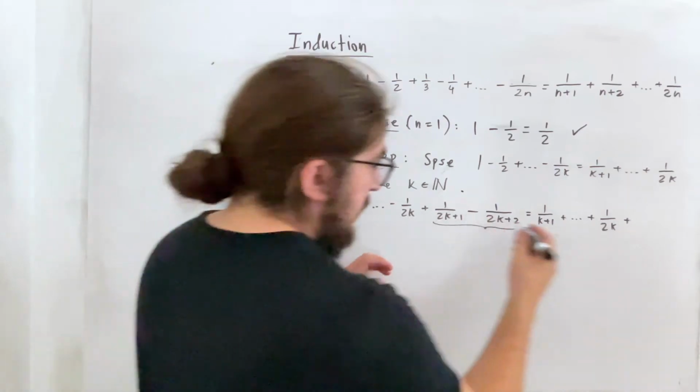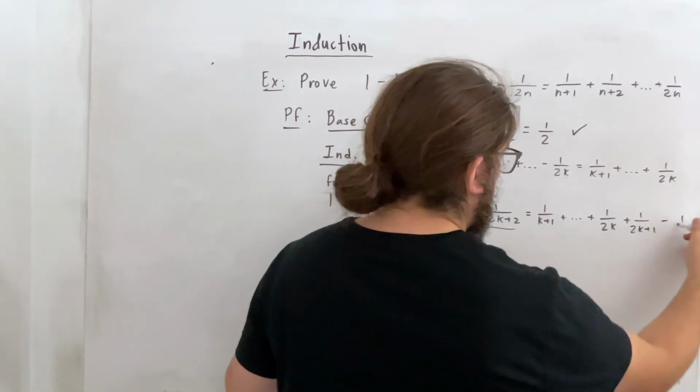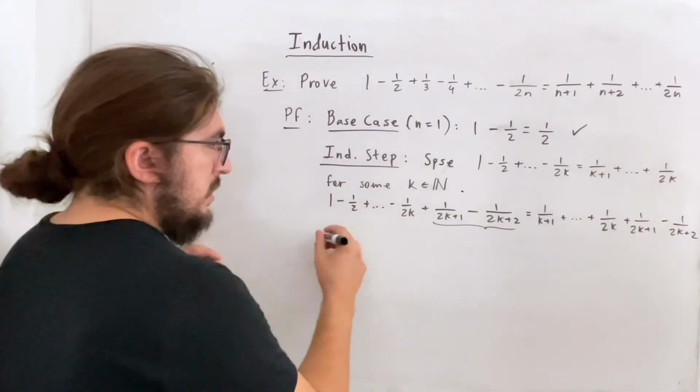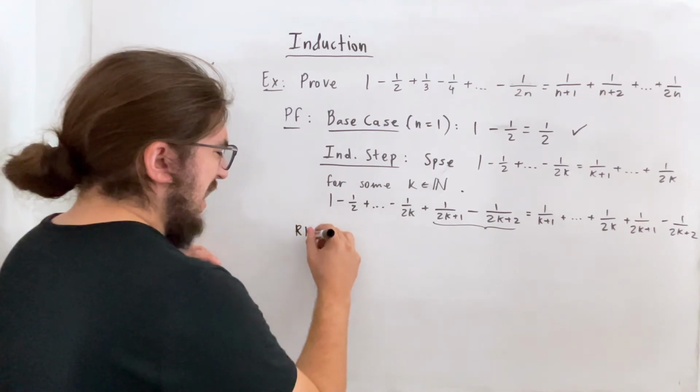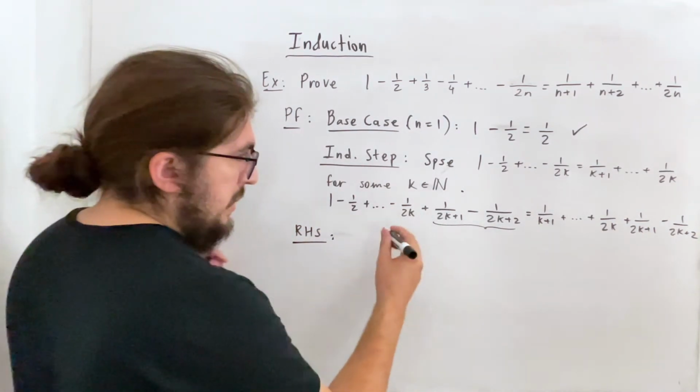So again, we're adding these two: 1 over 2k plus 1 minus 1 over 2k plus 2. I'll just leave it like that actually. So I'm going to notice that the right-hand side is this.